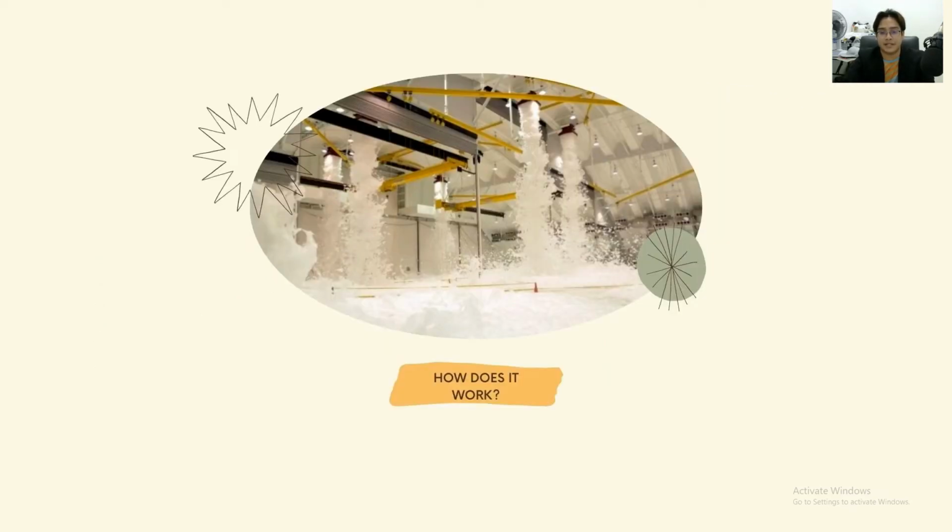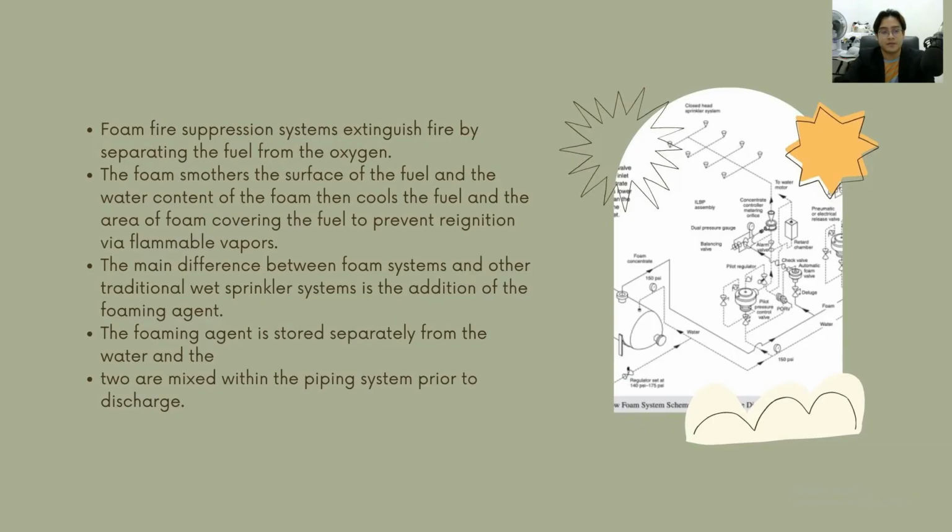Now let's see how the foam fire suppression system works. Foam fire suppression system extinguishes fire by separating the fuel from the oxygen. The foam smooths the surface of the fuel, and the water content of the foam then cools the fuel, and the area of foam covering the fuel prevents ignition via flammable vapors.